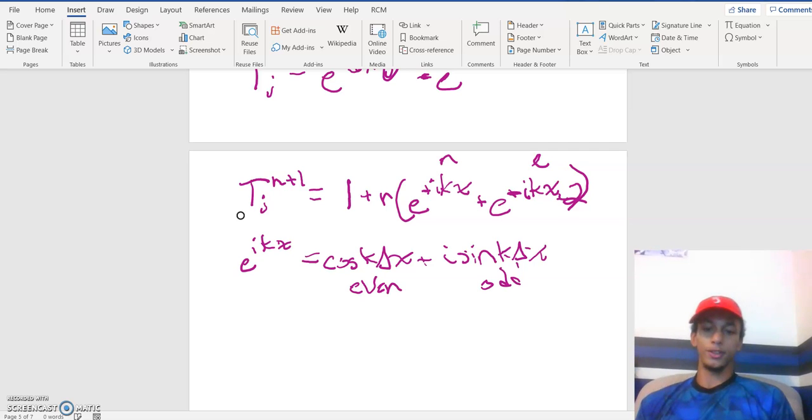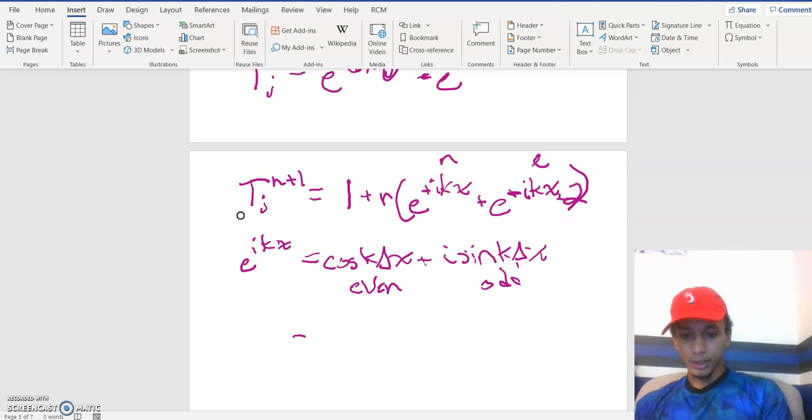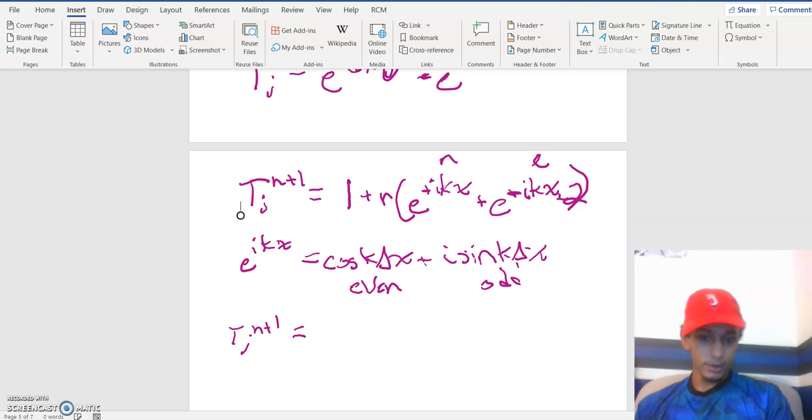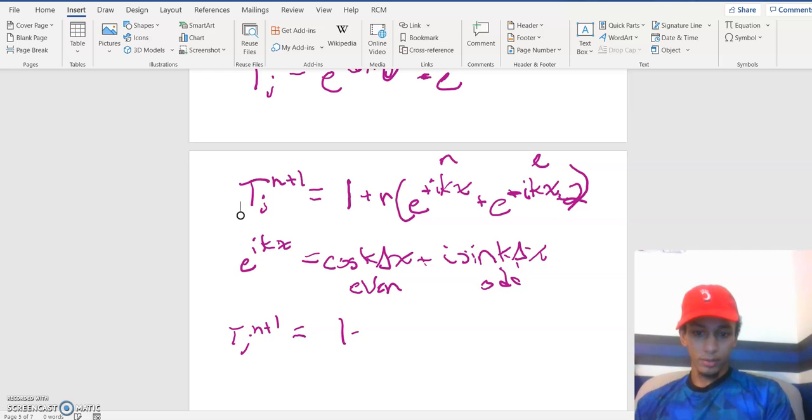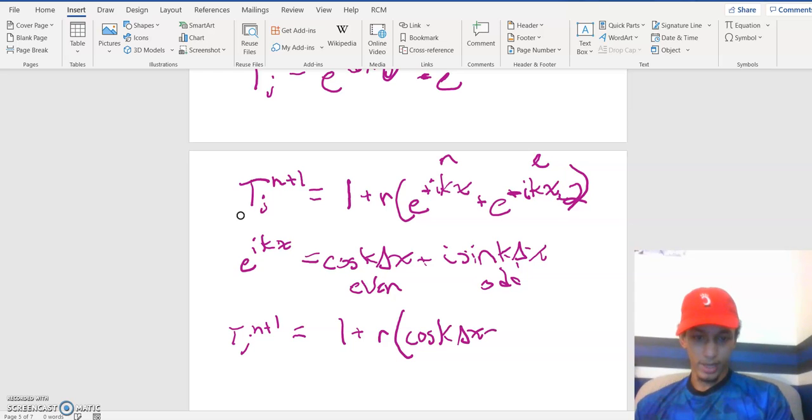We substitute Euler's equation back in, and we'll get T_j^(n+1) is equal to 1 plus r times 2 cosine kΔx minus 1. So that is where we are now.